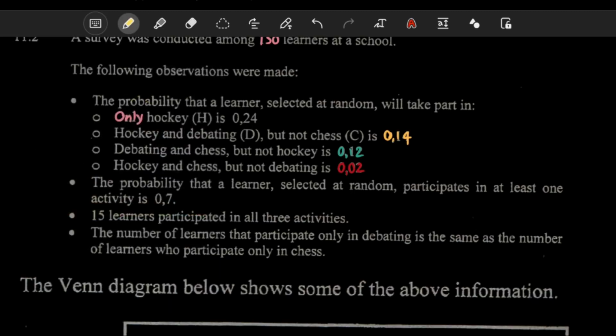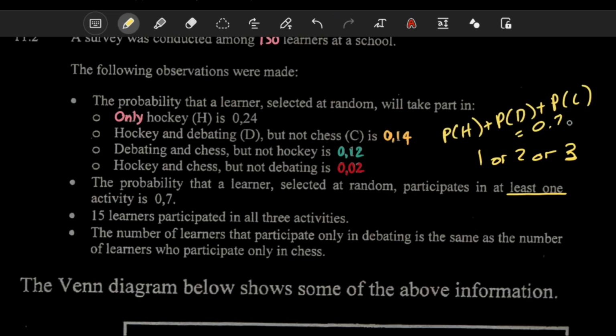Remember, at least one activity means they could do one, they could do two, or they can do all three. You see, that's literally what this means. It means that the probability of hockey plus debating plus chess is 0.7.